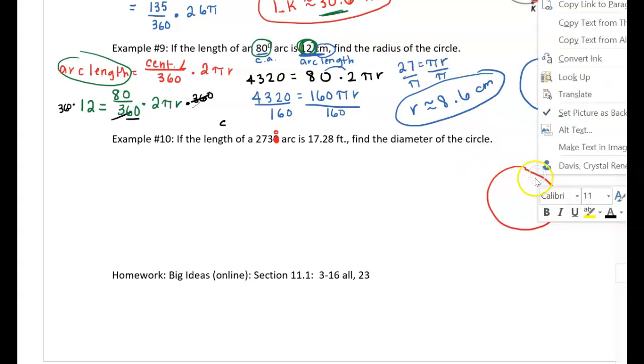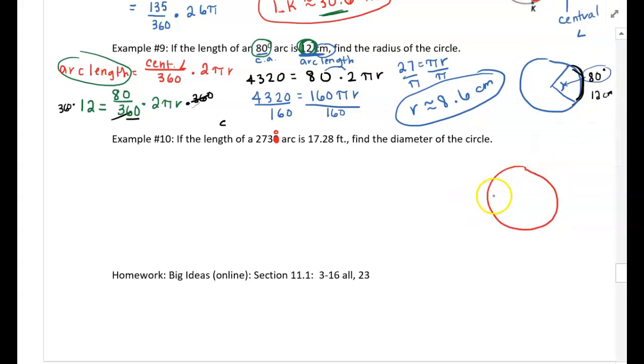So if I start here and I go around, here's my center, let's say here. This is 273 degrees.